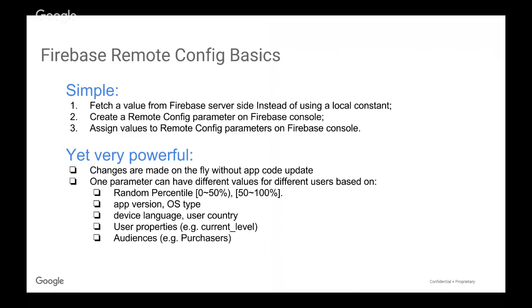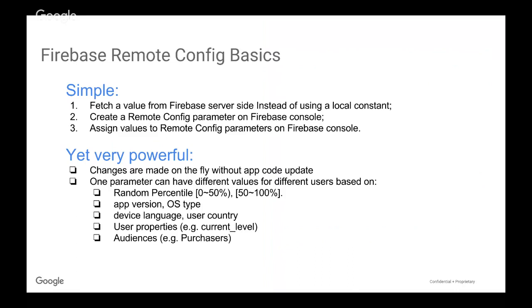So that leads to the second block. It's pretty powerful. As I already mentioned, changes are made on the fly. Then one parameter can have different values for different users based on a number of things. First, it can be based on random percentile.